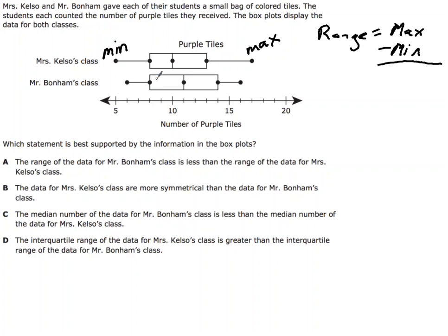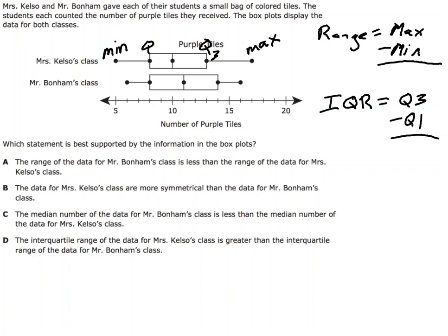So there's another kind of range. It's called the IQR. IQR stands for interquartile range, and that equals Q3 subtract Q1, the difference between Q3 and Q1.